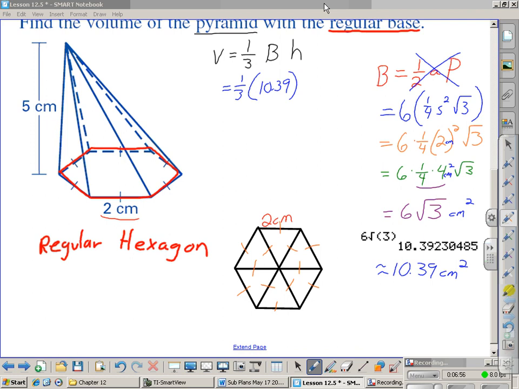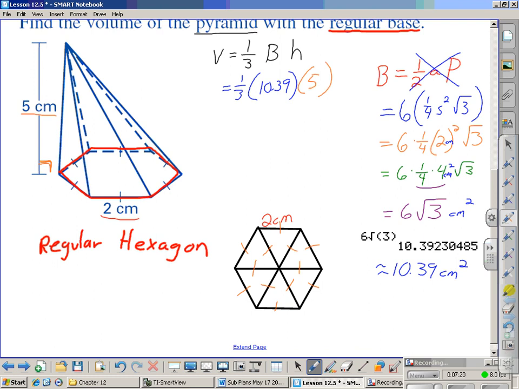The height is still the height layered on top of each other. So the volume doesn't change, even if it's a right or an oblique cylinder, pyramid, prism, or cone. So here, although it's an oblique pyramid, the height is still what it is stacked on top of each other. So this being a right angle here formed, our height is 5 centimeters. So we just put 5 in for the height.